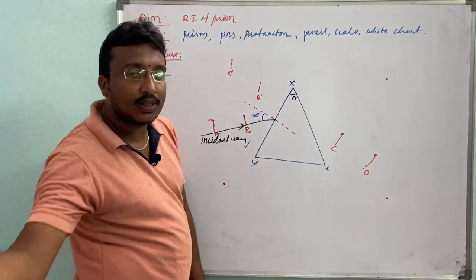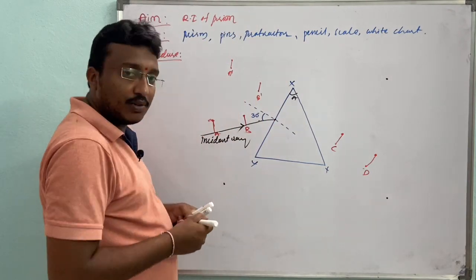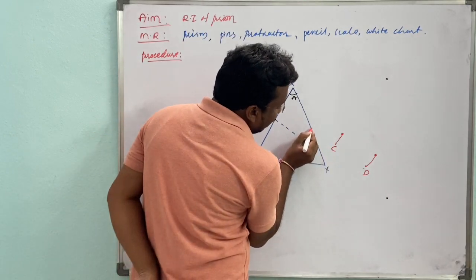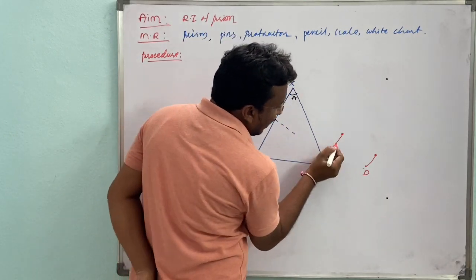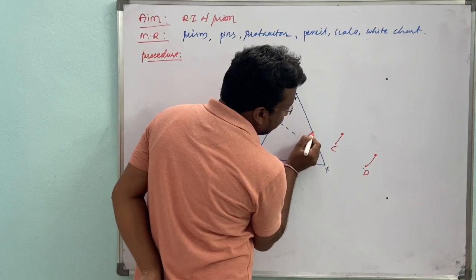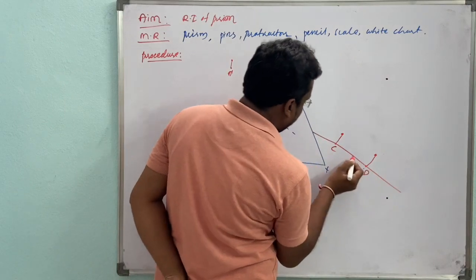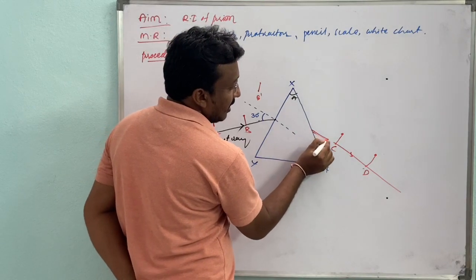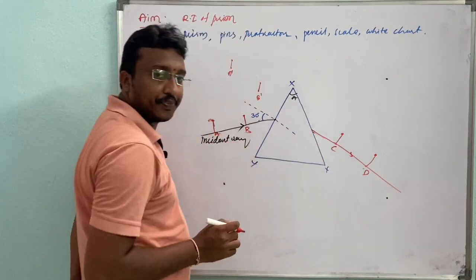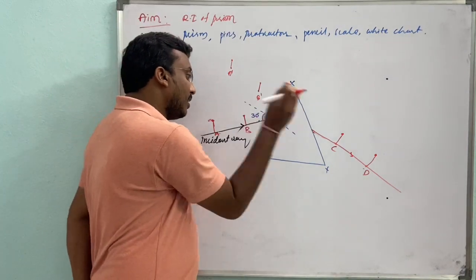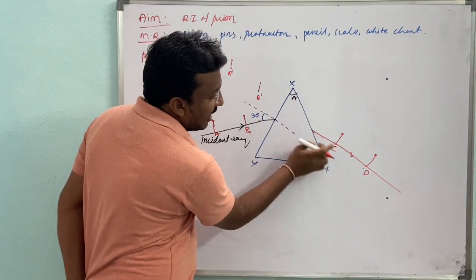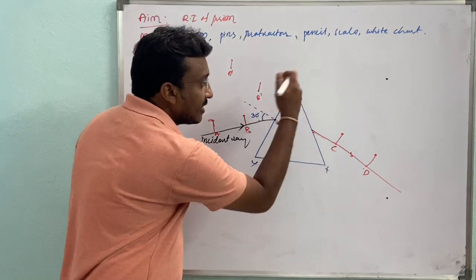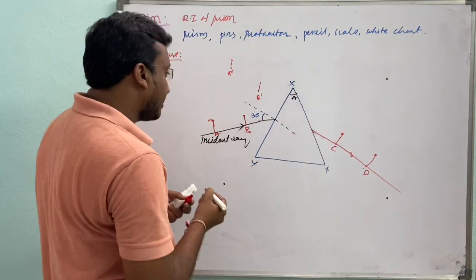Then after removing the prism and rejoining, draw the line towards the XY from the points of the pins C and D. Okay, from the points D and C, the straight line. Got it? Remove the prism and the pins and draw the straight line from C and D towards the refracting surface. One more refracting surface.